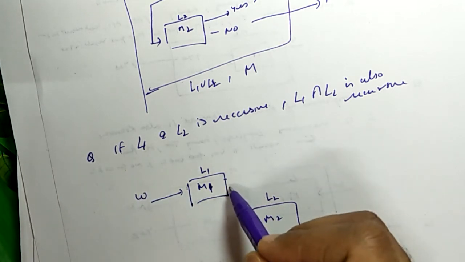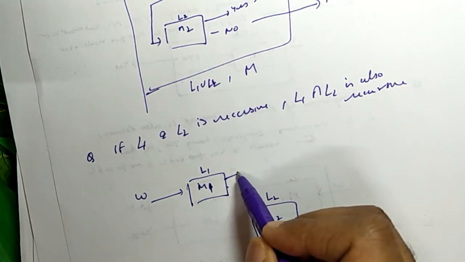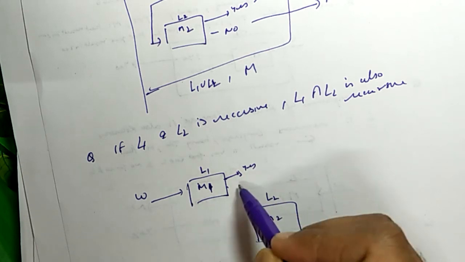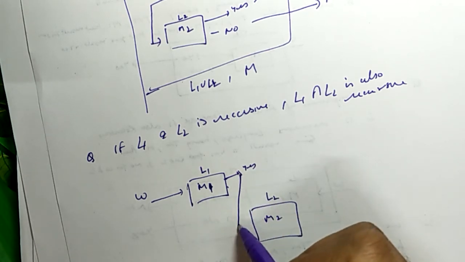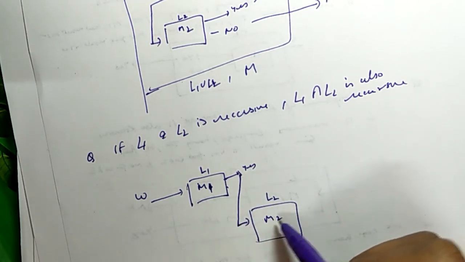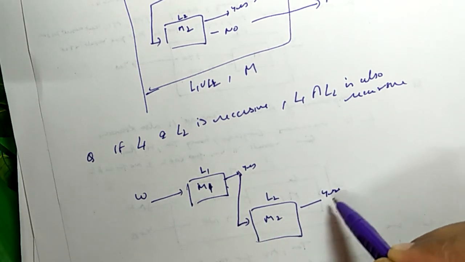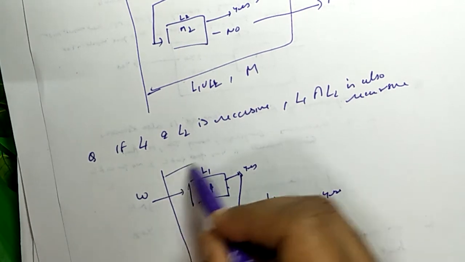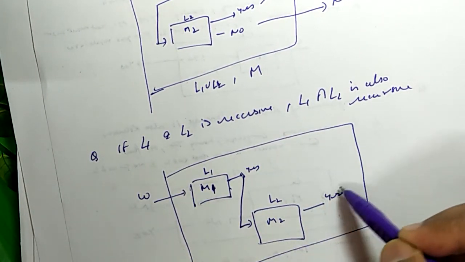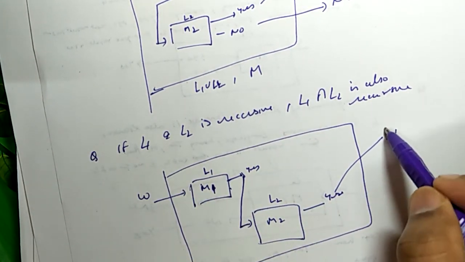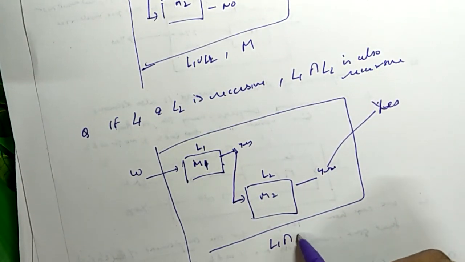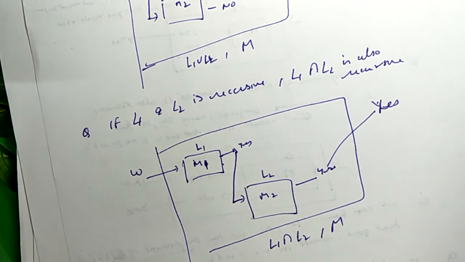If it is accepted by the first, then we provide the same input to the second Turing machine, and if it is also accepted by the second, then it is accepted by the Turing machine for L1 intersection L2.